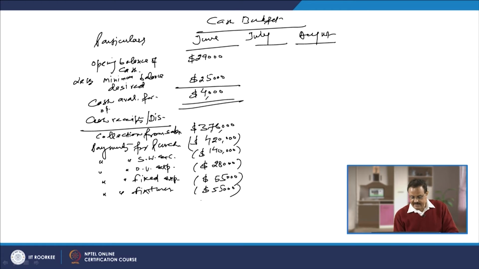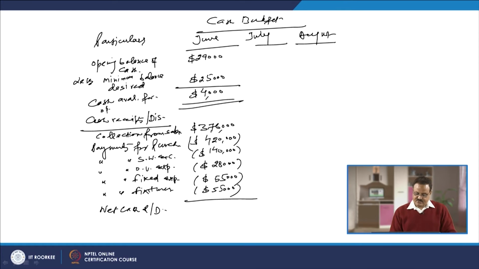Now, finally, we have got all the inflow and outflow information. Inflow is 4,000 available from the previous month and 376,000 collection from the current month sales, and outflow is on account of material, operating expenses, and fixtures. Now finally we will call it the net cash received less disbursed.